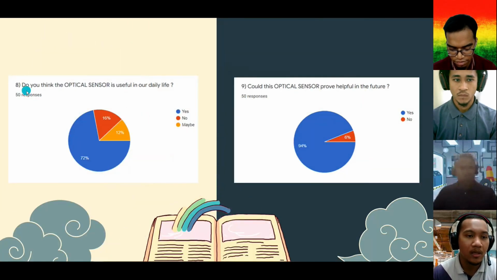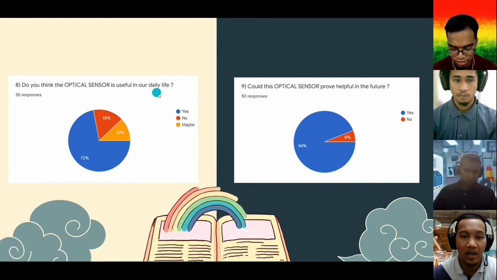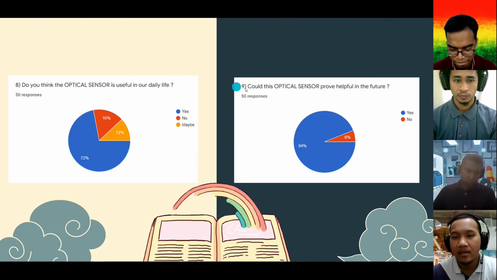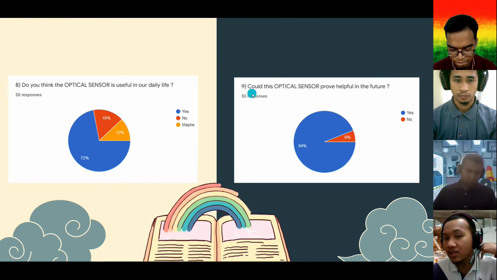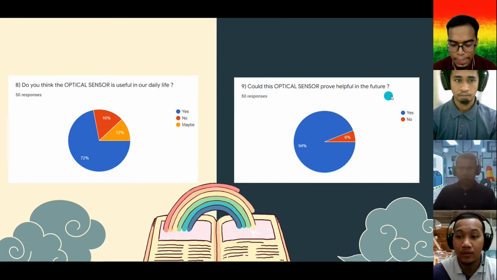Okay. Next, question number 8 is: do you think the optical sensor is useful in our daily life? Mostly people answered yes at 72%, 60% no, and 12% maybe. Okay, the second last question is: could this optical sensor prove helpful in the future?